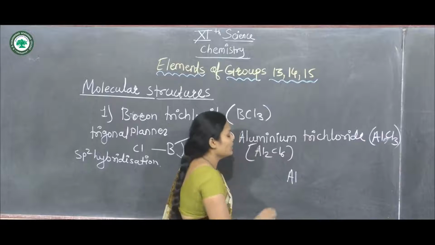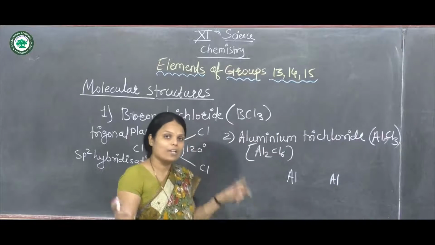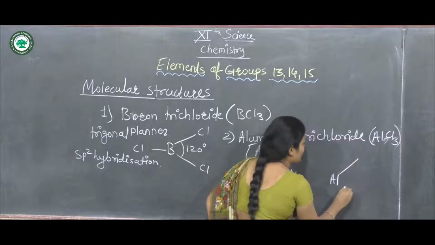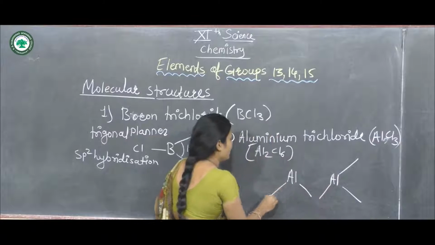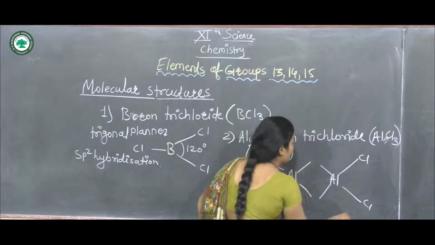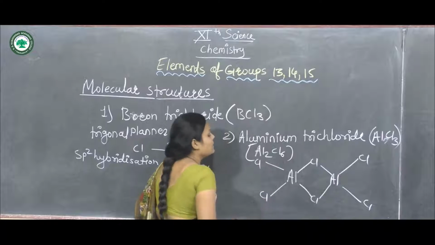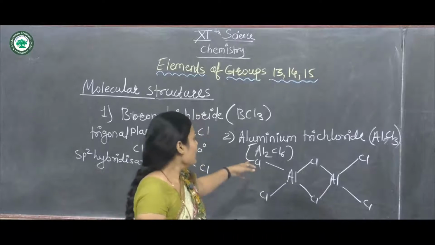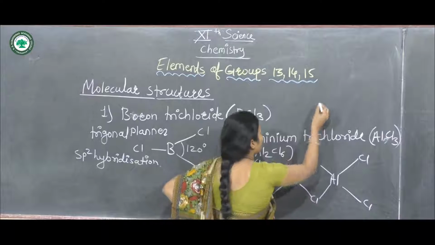Here is aluminium, and here is also aluminium, and six chlorine atoms are attached to the central metal atoms. Here two chlorine atoms are attached, and then here also. Now 1, 2, 3, 4, 5 and 6. This is the structure of aluminium trichloride and hexachloride.